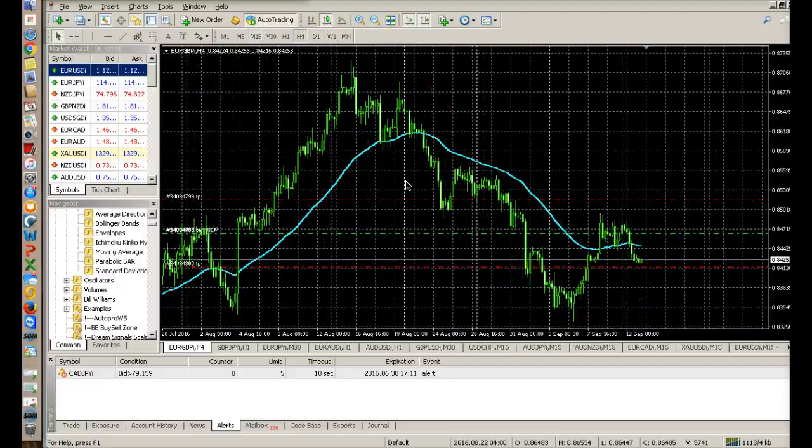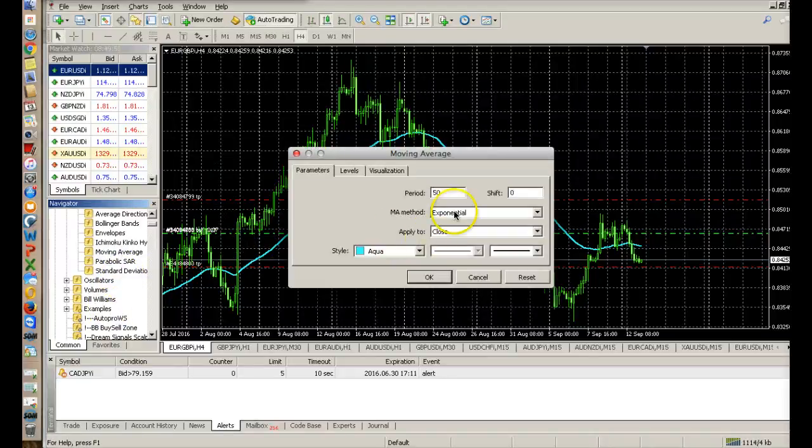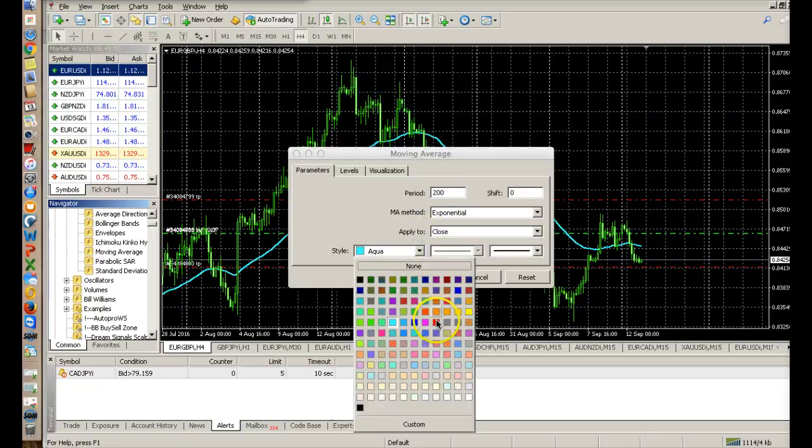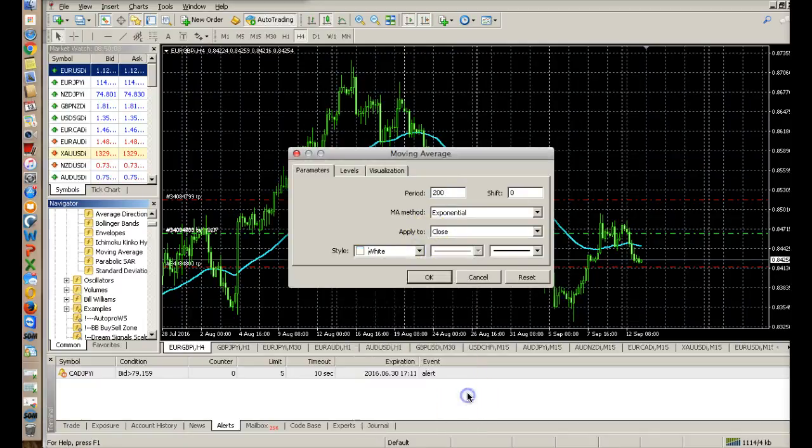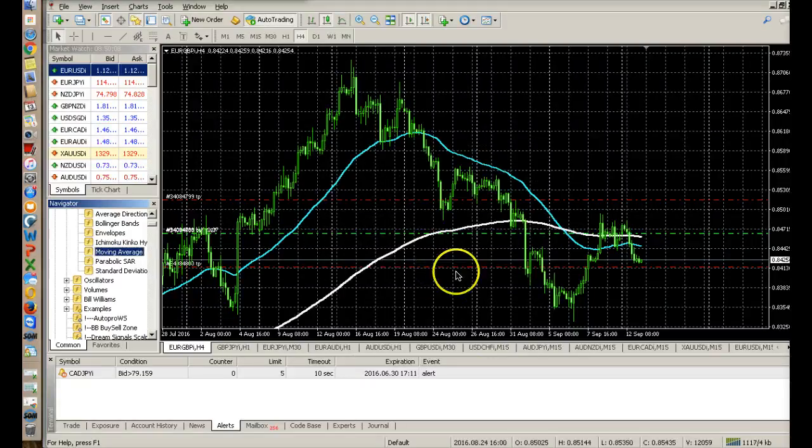So guys, to make things really easy, the 50 is one moving average I use, and I use the 200. So the 200 would be right here, and you want it to be white, like that. All right. So you see the moving averages are close together.